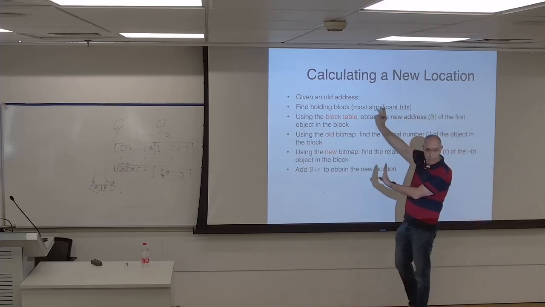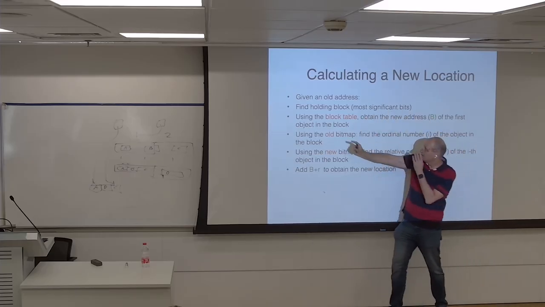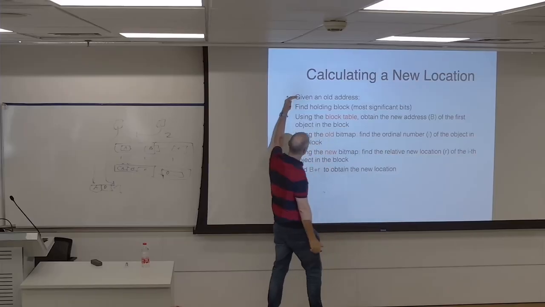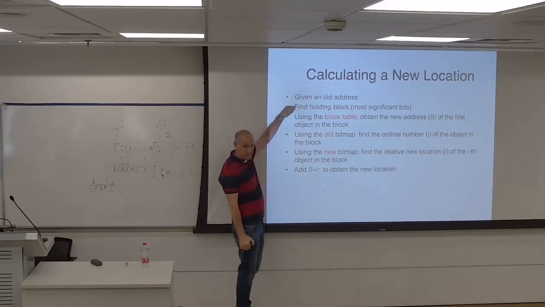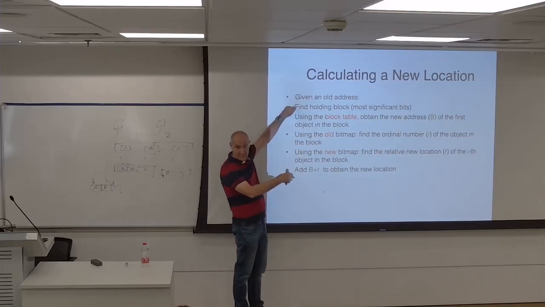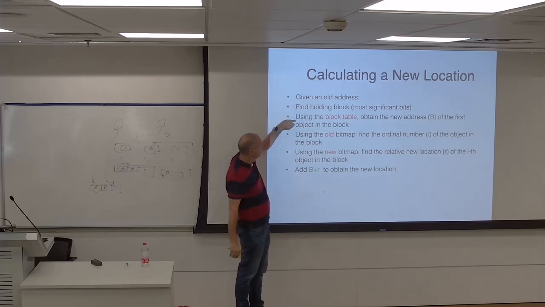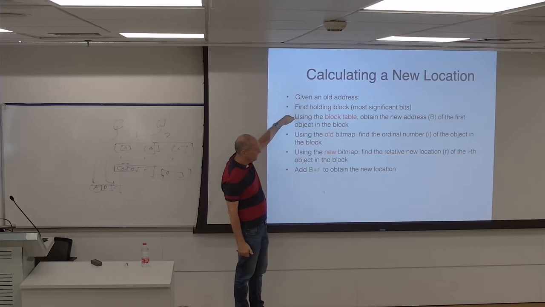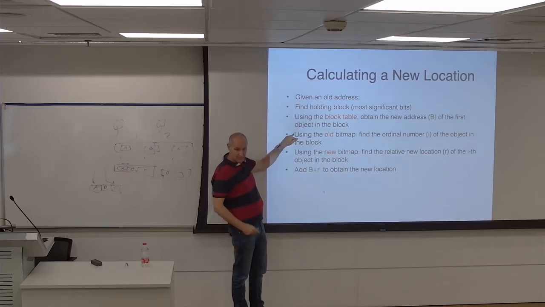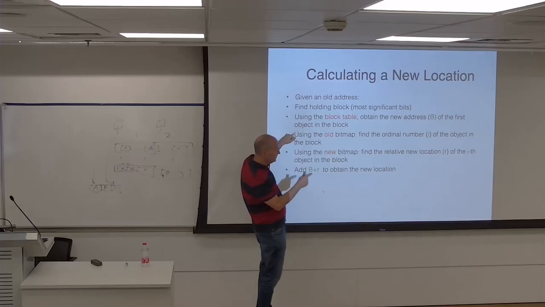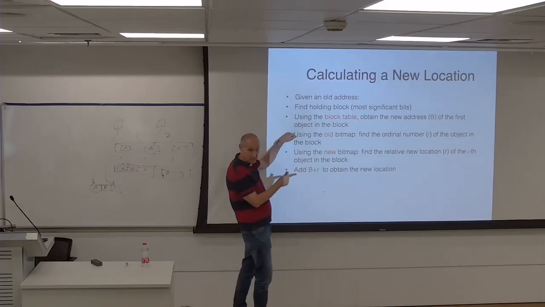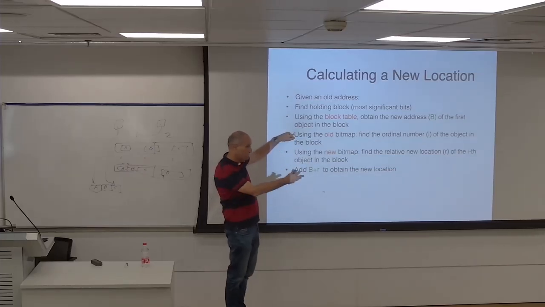So this just says what we said on the drawing. To calculate, given an old address, I find the block it is in by removing the least significant bits and looking just at the most significant bits. I shift it. I use the block table to obtain the new address, so where this block has moved, the first object in it. I use the old bitmap to see what the ordinal number of the object is in the old block.